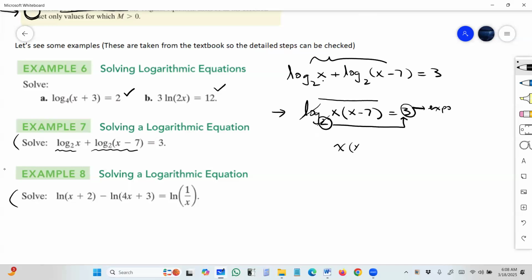I will end up with x times x minus 7. Notice that after the exponentiation, the log expression disappears. And I have 2 to the third power on the other side. Now this becomes a simple quadratic equation. All right. x squared minus 7x equals 8, minus 8 on both sides.